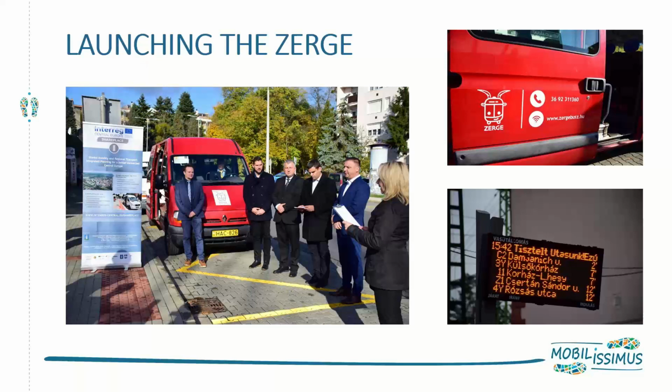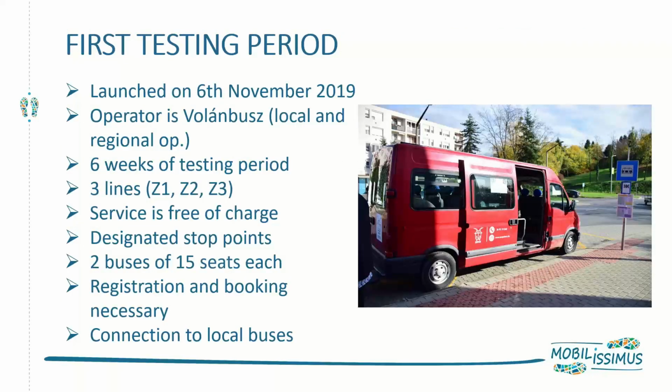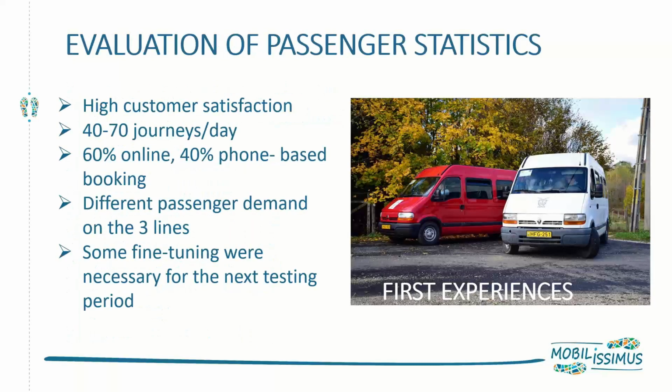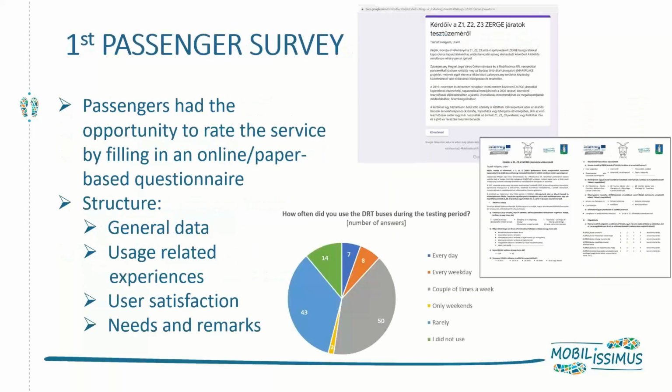And the service was launched. A first test period was actually very successful because it gathered the interest of several communities, not only the one where it was tested, but also other test areas. This was the level of usage, customer satisfaction, and coverage of the territory.